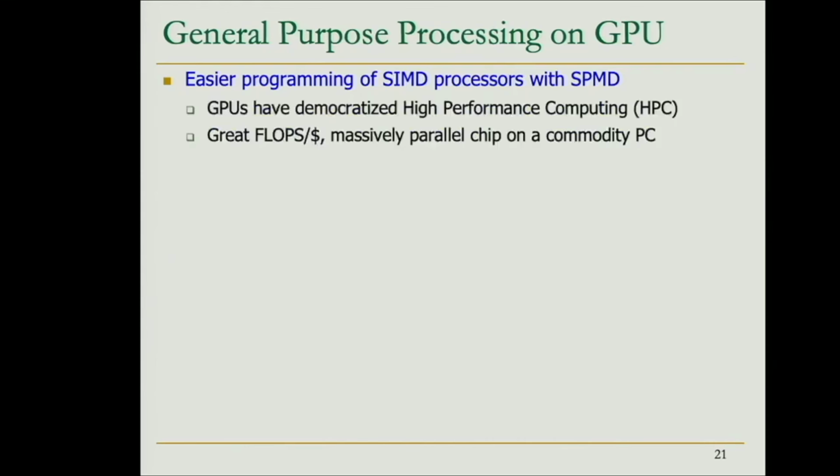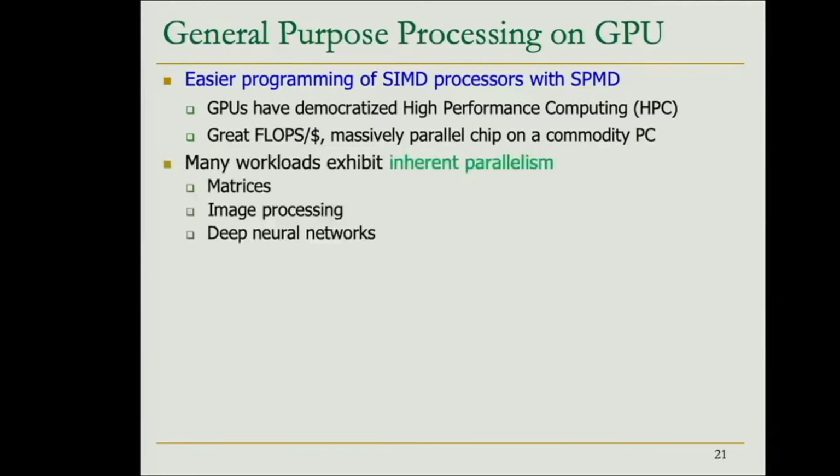Many people say that GPUs have democratized high-performance computing, because achieving the throughput, the performance that you can today achieve very easily, even in your laptop, with one of these GPUs was very prohibitive 15 years ago. It was something that we probably could only achieve in big clusters and supercomputers, but these days everyone can do it, even in commodity PCs.